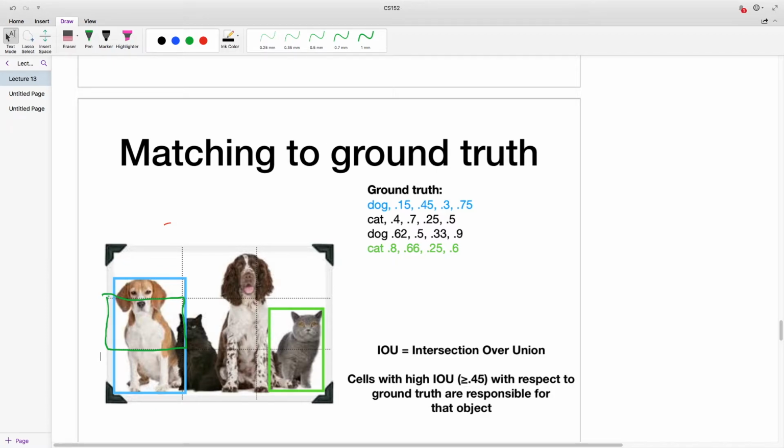The intersection of this is 0, so there's no overlap. Done. The intersection of the dog is here. And the intersection and the union is, whoops.